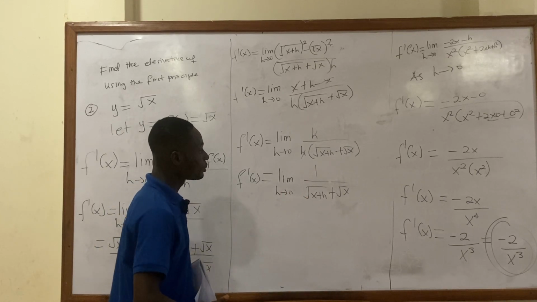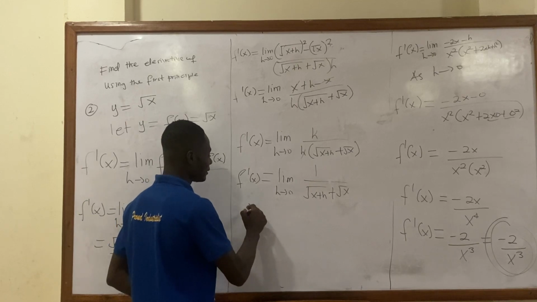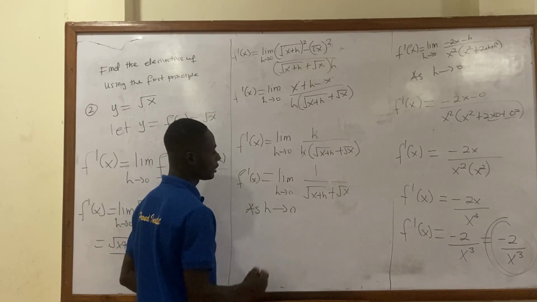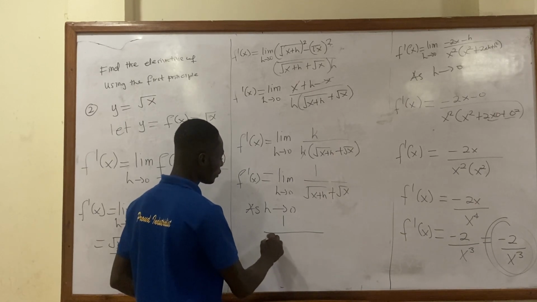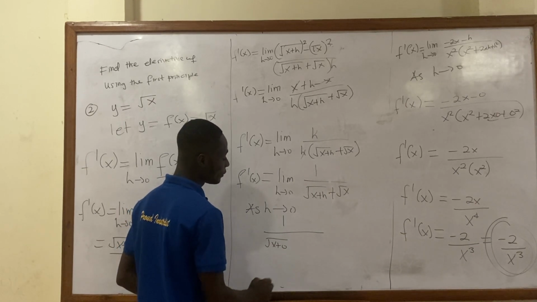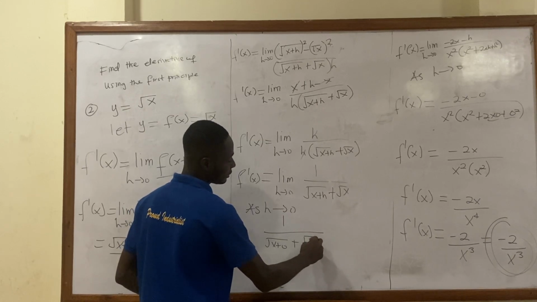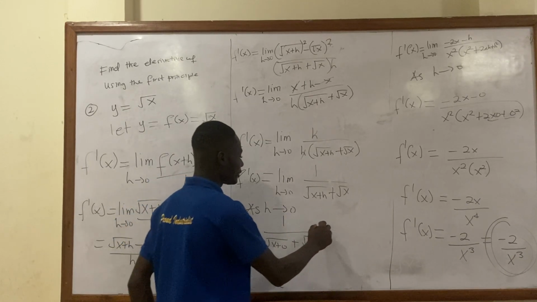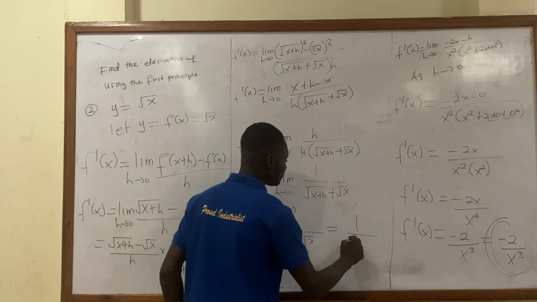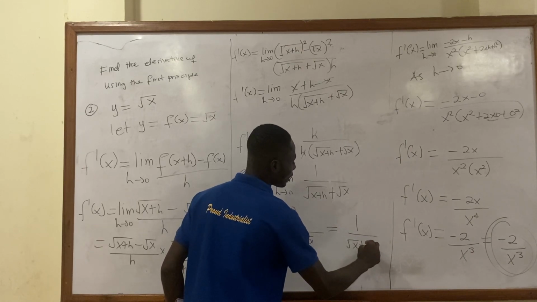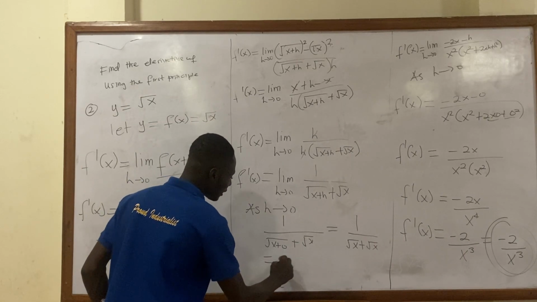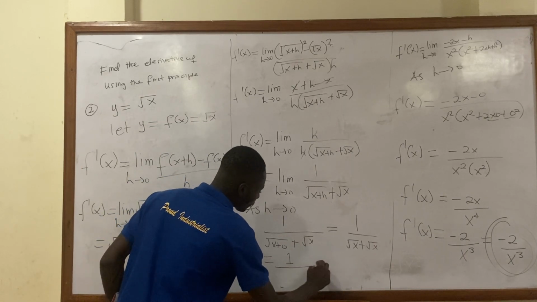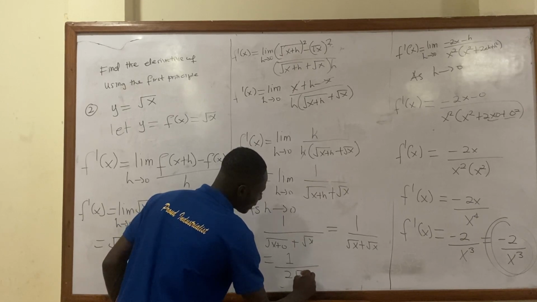So as h approaches 0, we have 1 over root of x plus 0 plus root of x. All right? So this now yields 1 over root of x plus 1 over root of x. All right? So this gives us 1 over 2 root of x.